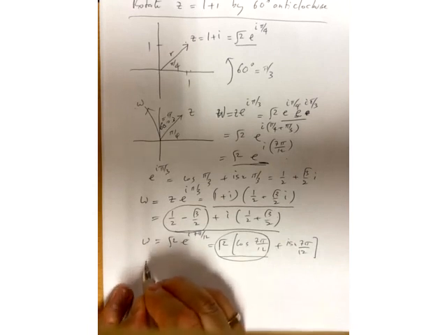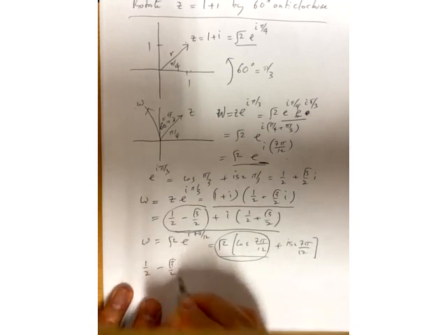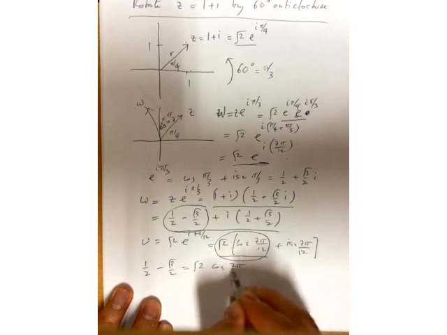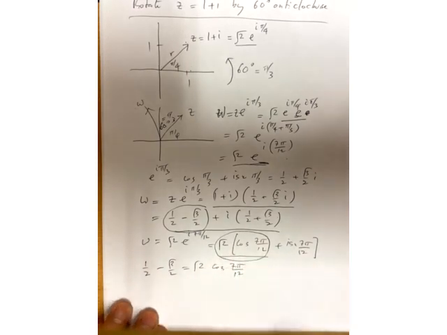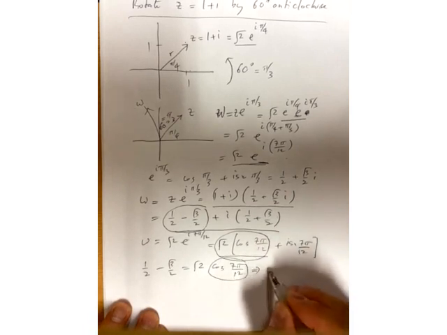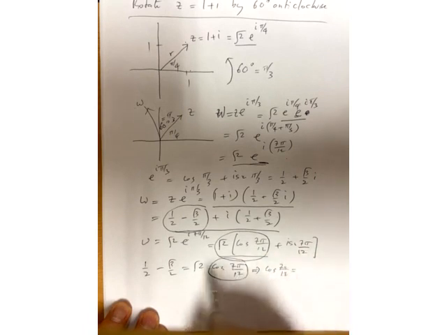So that means that a half minus root 3 on 2 is equal to root 2 cos 7 pi on 12. Meaning what? Meaning cos 7 pi on 12, as an exact ratio, is actually that divided by root 2.